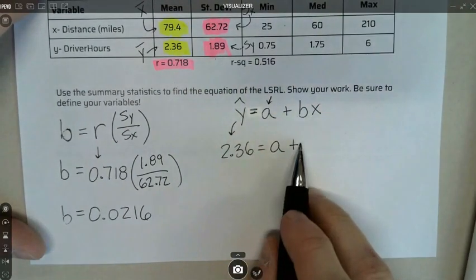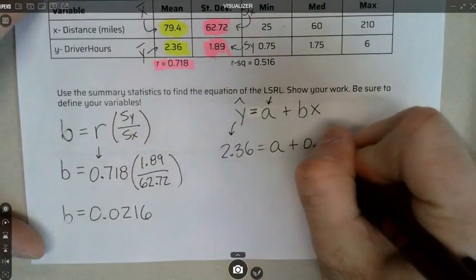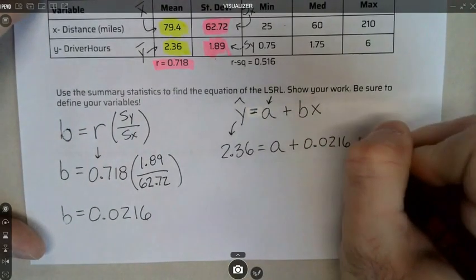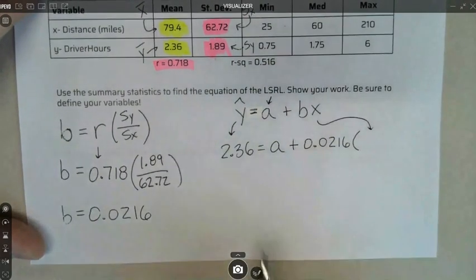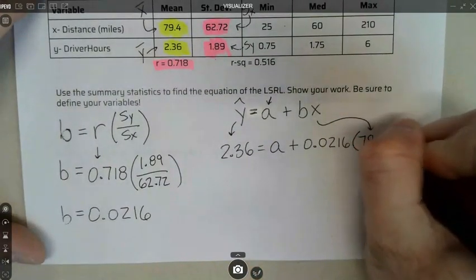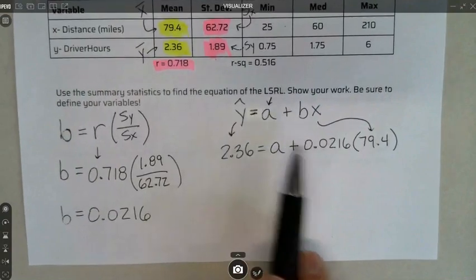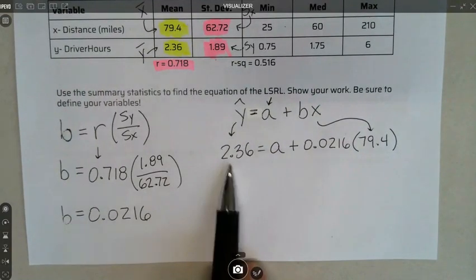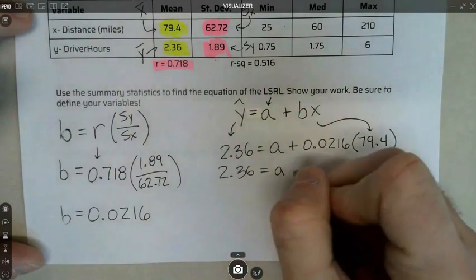Plus the slope, b, well, we just calculated the slope as being 0.0216. And in place of x, we'll plug in the mean of x, which is 79.4. So here we're just using the fact that this line will pass through x bar, y bar. All right, now we're just doing some algebra here.